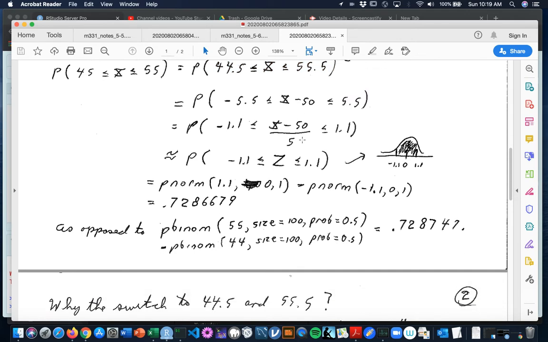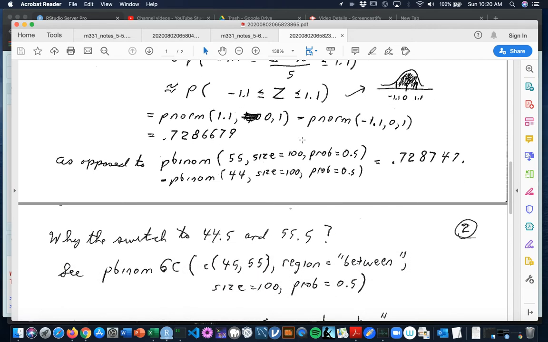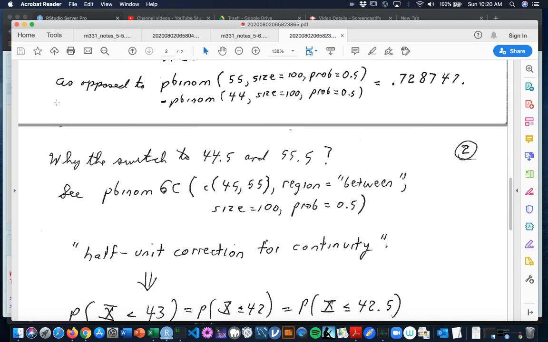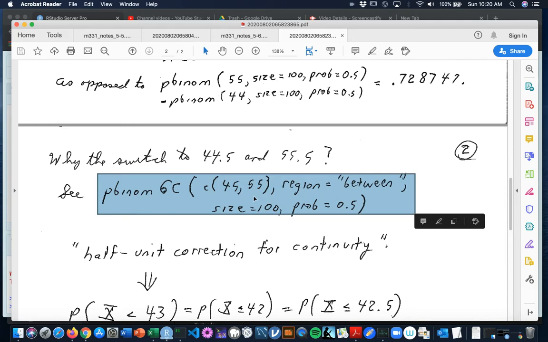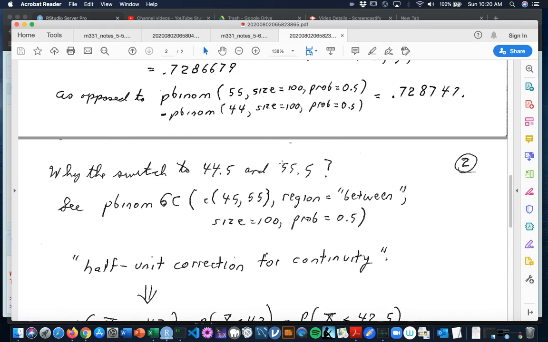So why did I do that? Why did I do the switch? It could help if we got a graph of the probability mass function in its probability histogram form. So I'm going to use pbinomGC over in R. I'm going to run this command, except I'm also going to add graph equals true so we can look at the PMF.